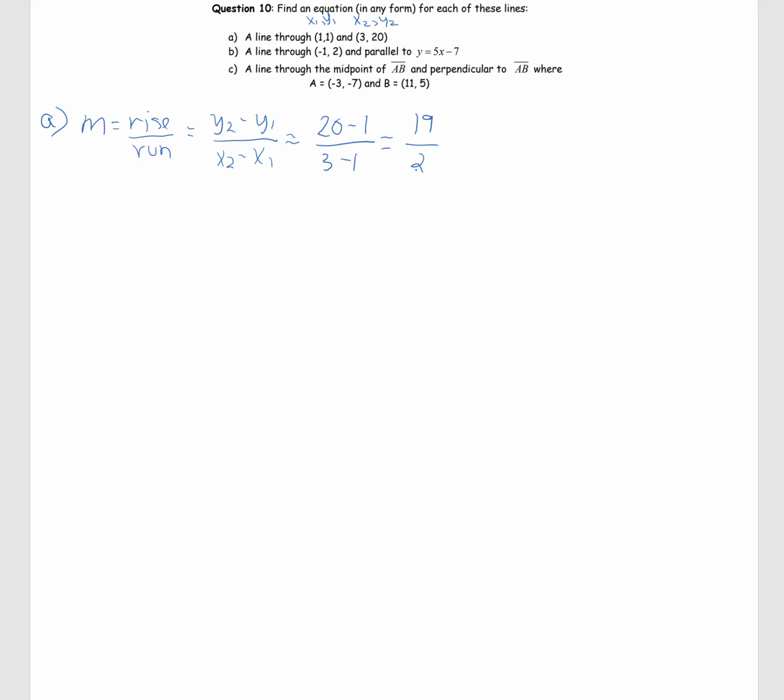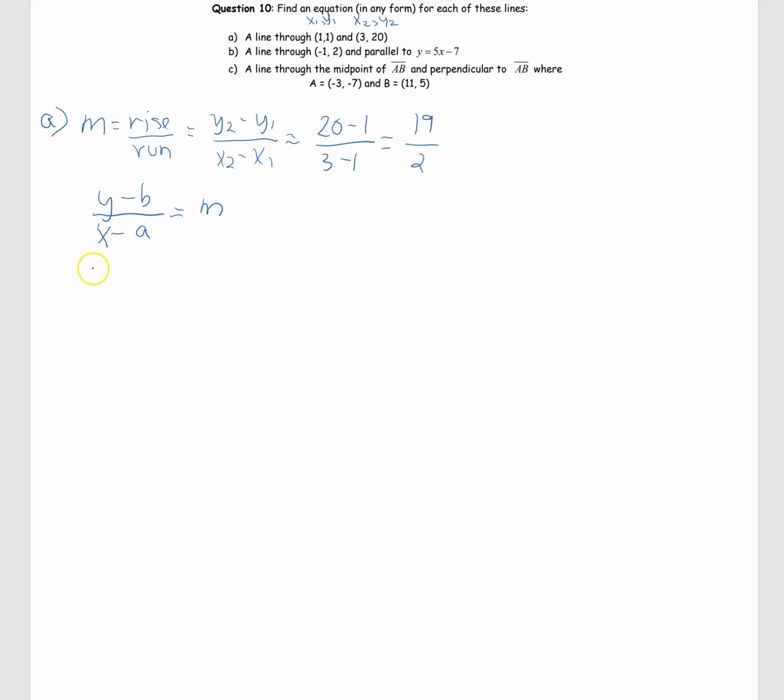And now we can just use our point slope equation for this line. If we remember, that's the equation (y minus b) over (x minus a) equals m, where m is our slope and the point (a, b) is a point on this line. So we can use either of the points we've been given here, but I'm going to use the point x equals 3, y equals 20.